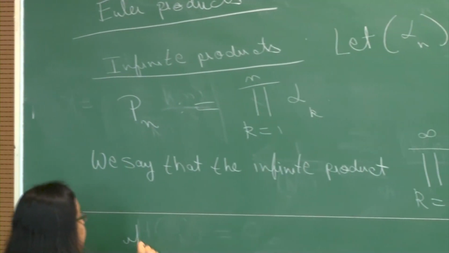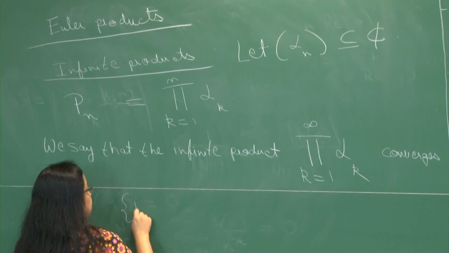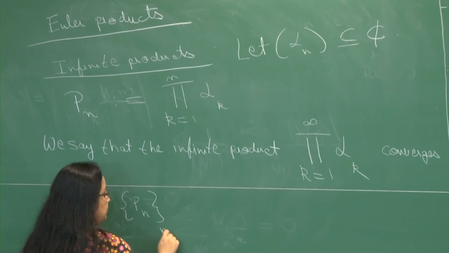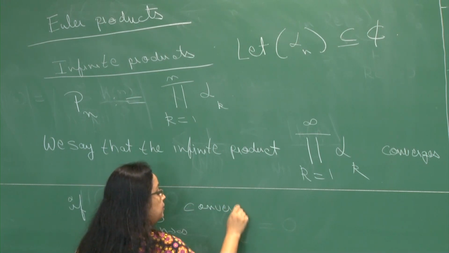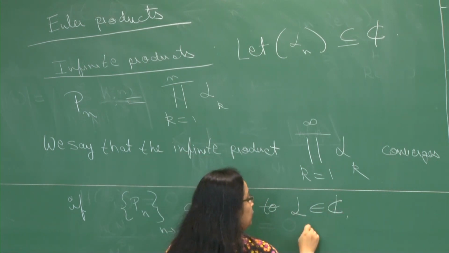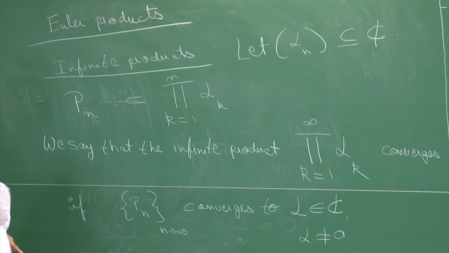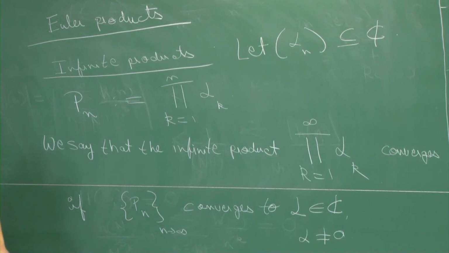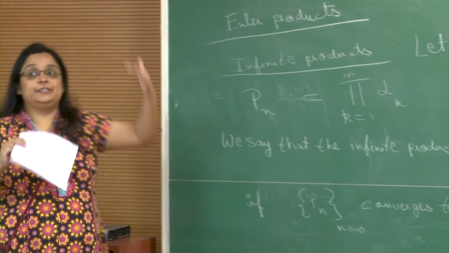That is, if the sequence P sub n converges to some alpha in C where alpha is not equal to 0. If the sequence of partial products either diverges or converges to 0, then we say that the infinite product diverges. In particular, if the limit is 0, we say that it diverges to 0.